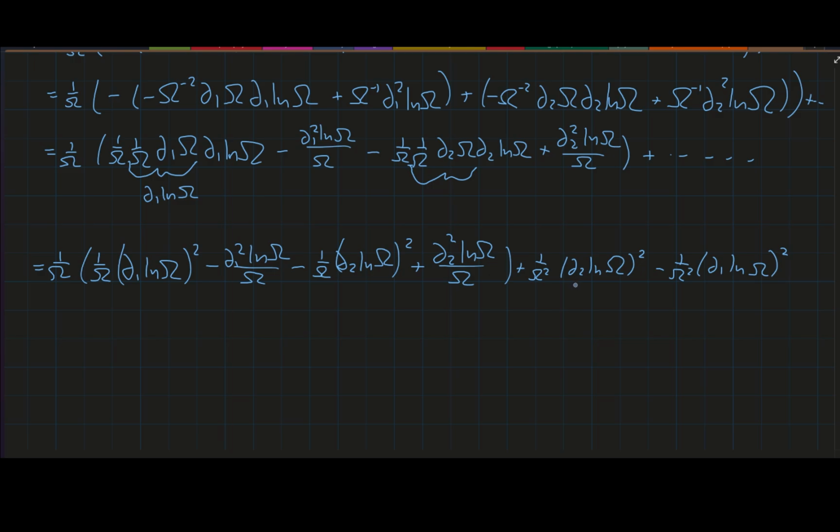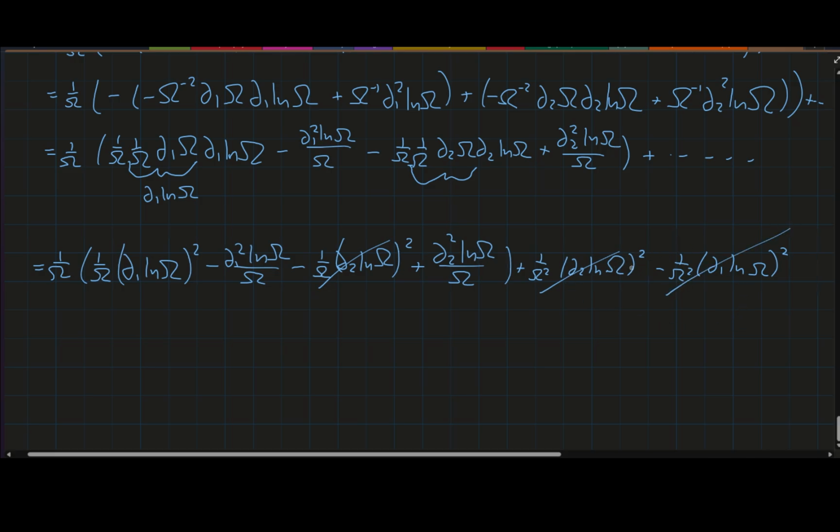Oh, I have a sign error somewhere. Oh, no, I don't. I was just looking at the wrong thing. Okay, so this is going to cancel with this, and the reason is because we have a 1 over omega out front, so we're going to have a 1 over omega squared, and then del 2 ln omega all squared, this one with the minus sign, this one with the plus sign, so that's good.